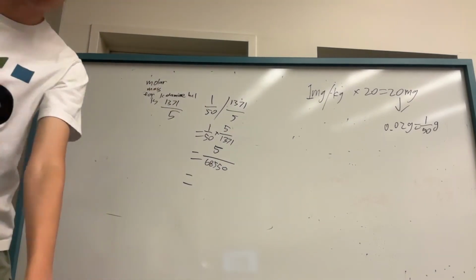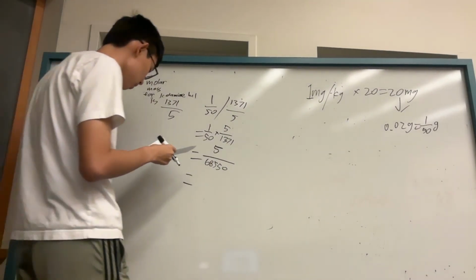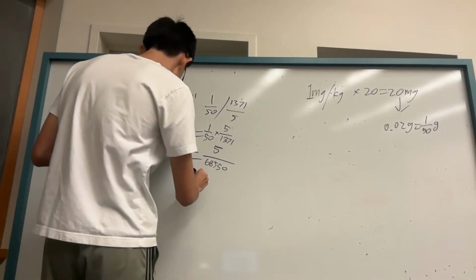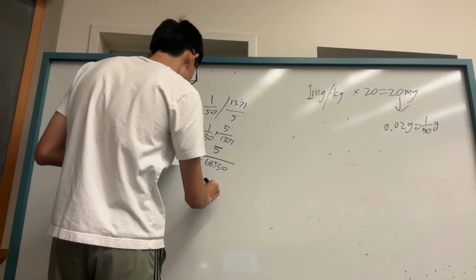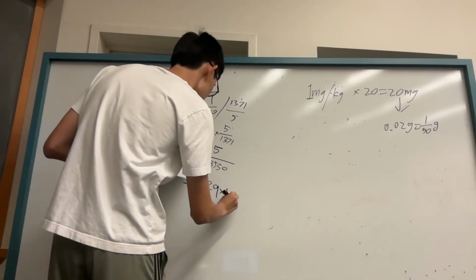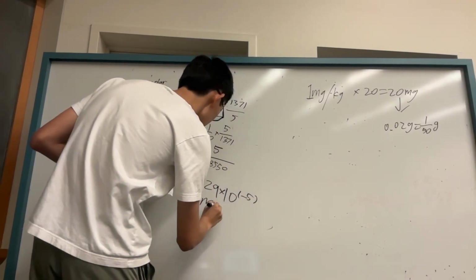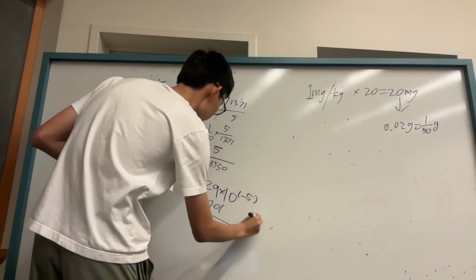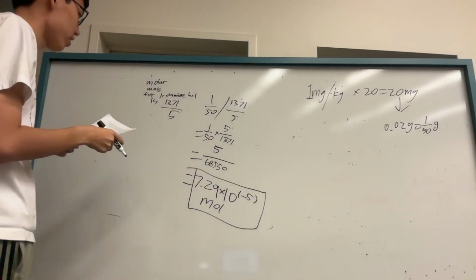And this is equivalent to 7.29 times 10 to the negative fifth mole. So they are giving this many moles of ketamine to the child in the question.